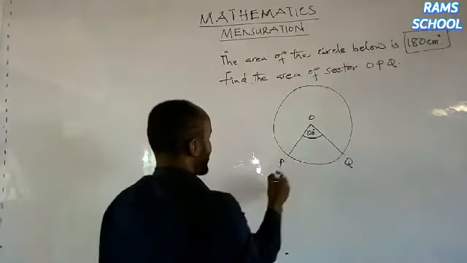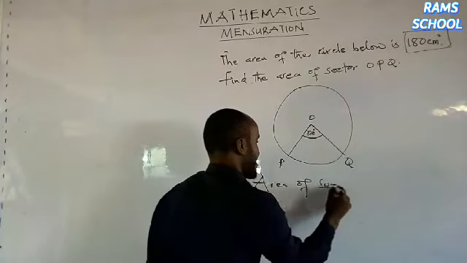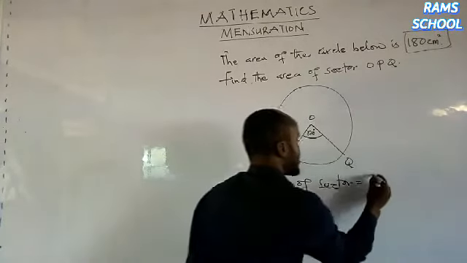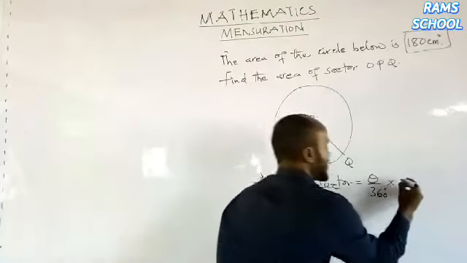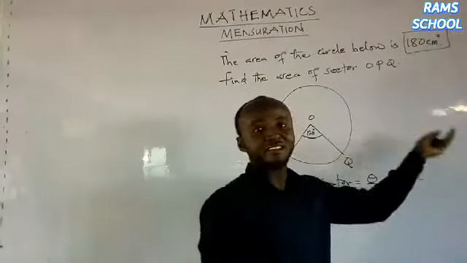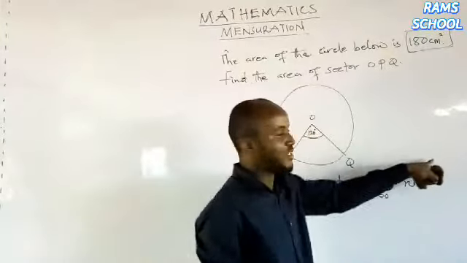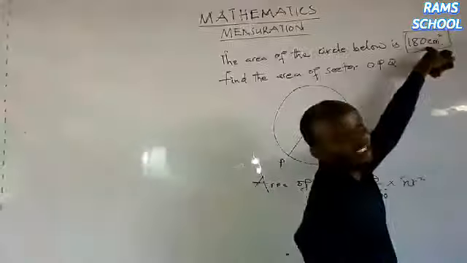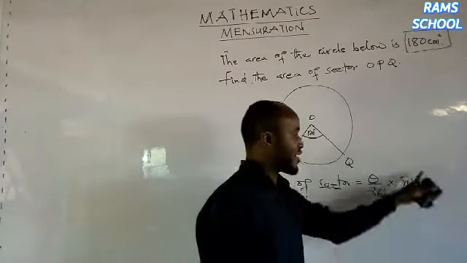You just write the formula as area of sector is equal to theta out of 360 degrees times, instead of the pi r squared, you can write the area of circle. Or if you wish, you can still write the pi r squared. But in your substitution, note that 180 centimeters squared represents the pi r squared because it's the area of the circle.